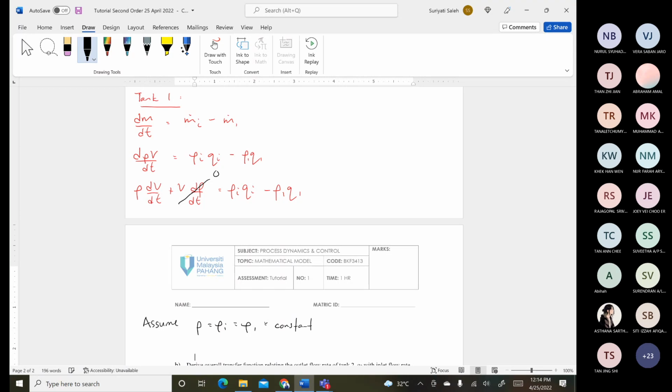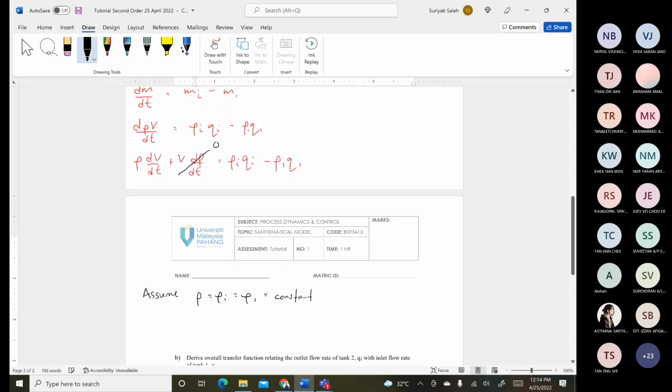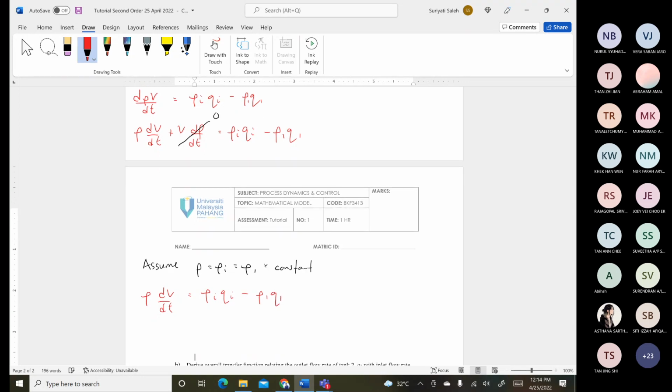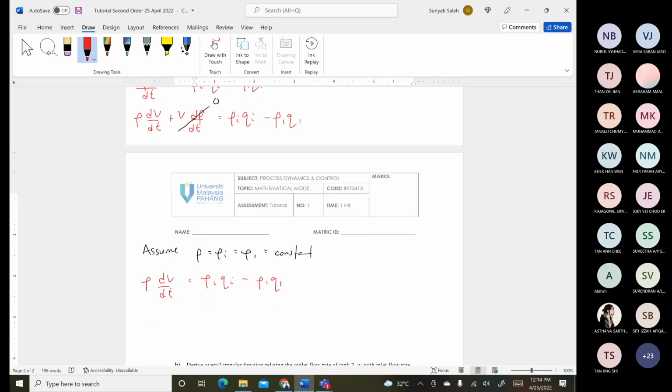This contributes to the simplification of our term, where you have rho dV/dt plus rho 1 Qi minus rho 1 Q1. So when rho equals rho inlet equals rho stream number 1, we can further reduce the equation to dV/dt equal to Qi minus Q1.